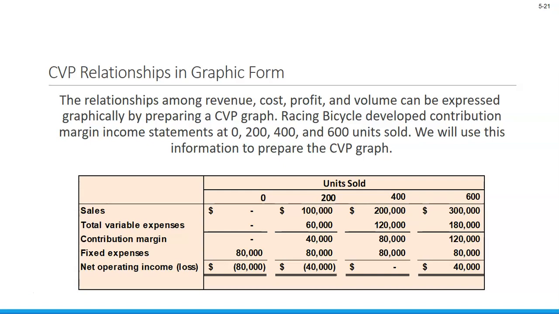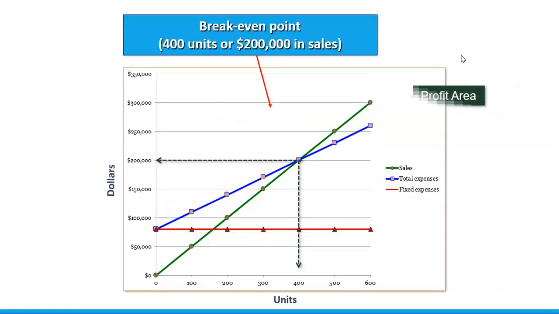When we look at that in graph form, a CVP graph, we have our sales, which are the green line, the total expenses, which are the blue line, and fixed expenses, which are the red line. Where our sales revenue crosses the line of total expenses, that is the break even in units.